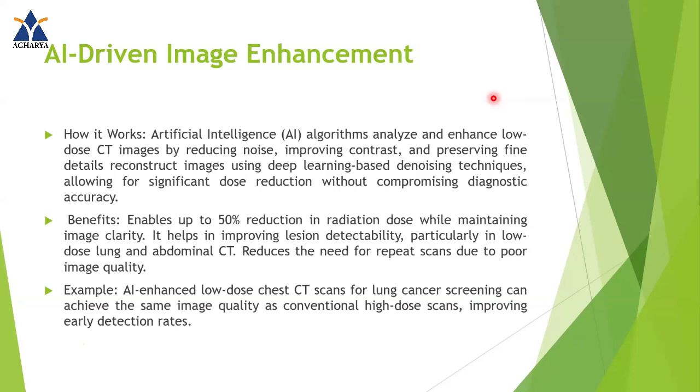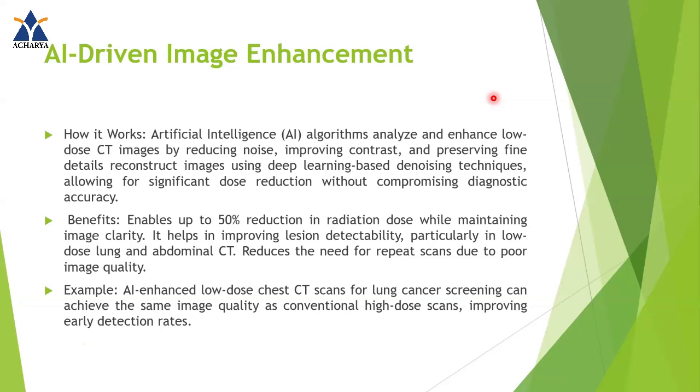That means even the smallest lesions can be very clearly visible, especially useful in the detection of lung cancer screening, liver cancer, or renal cell carcinomas, where in renal cell carcinomas and lung cancer the tumors can be very small. Whereas in liver cancer, the tumor will usually be more than a centimeter in length. Particularly useful in low dose lung and abdominal CT scans.